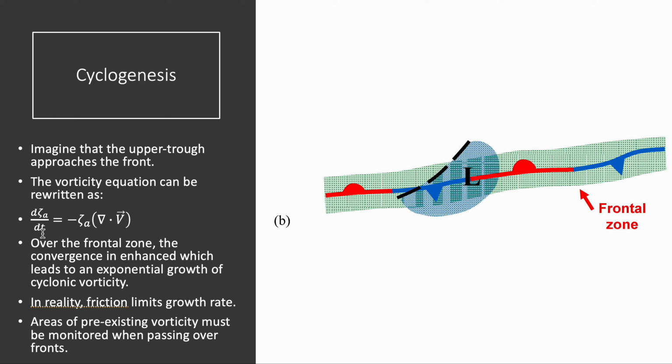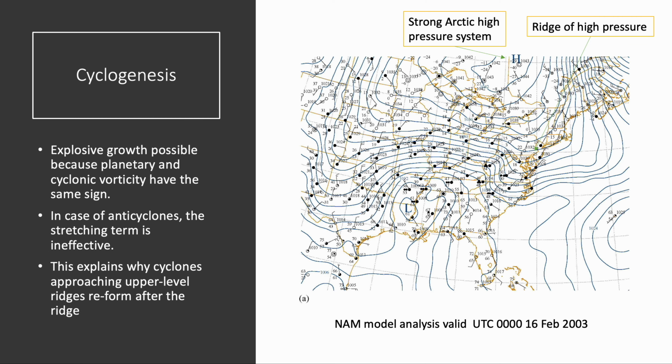And it also suggests that if we have some kind of pre-existing vorticity, then this is something that we need to keep an eye on, particularly when there's the interaction between troughs and fronts. It's always something that leads to the generation of vorticity. Not the generation, but the exponential growth of vorticity.